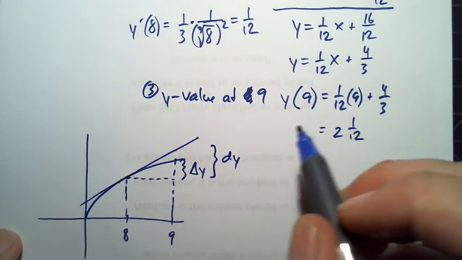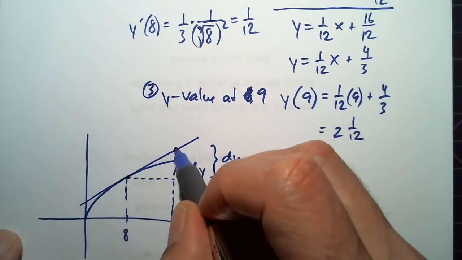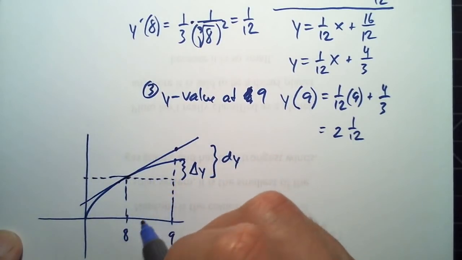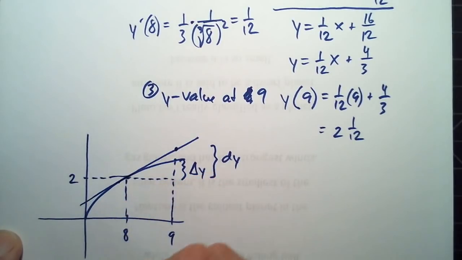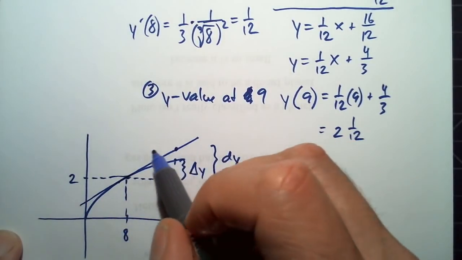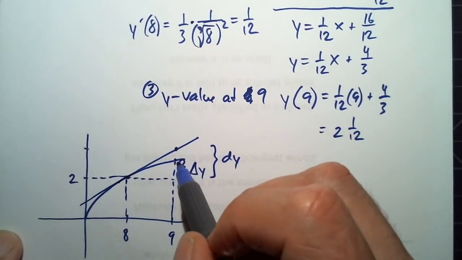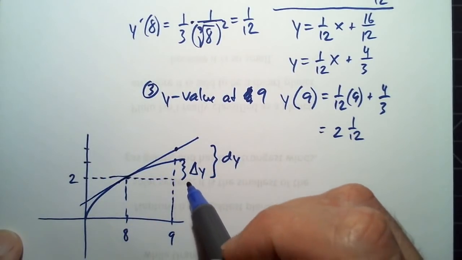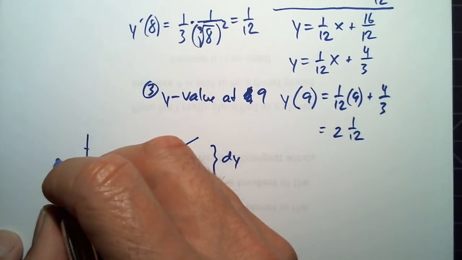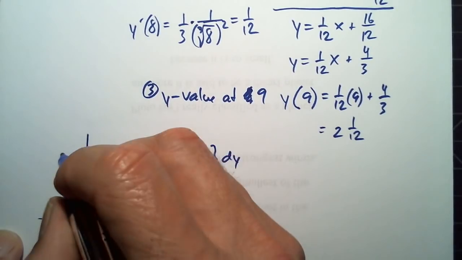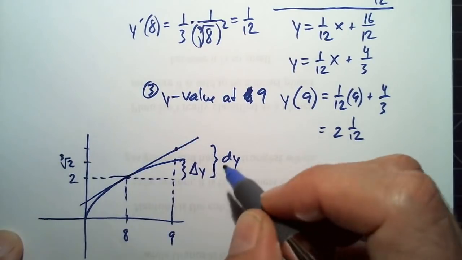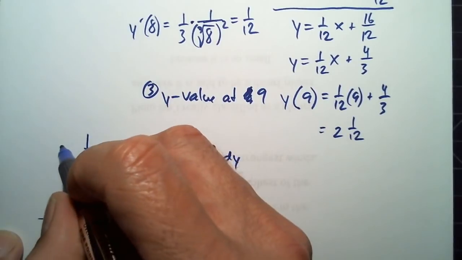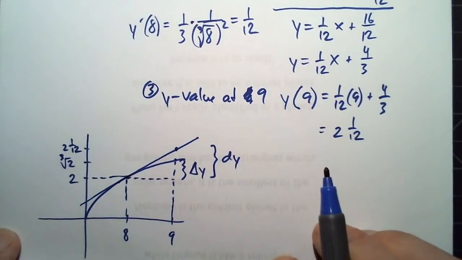So we have a y value of the function and a y value of the tangent line. Starting at 2, we're going to go up to the tangent line and also up to the function. The function value is exactly the cube root of 9. This is what we approximated. That's 2 and 1/12.